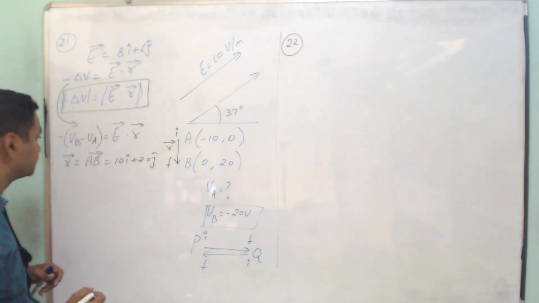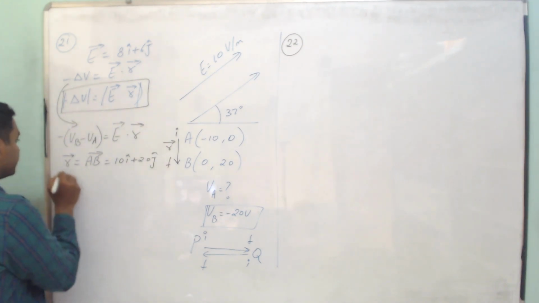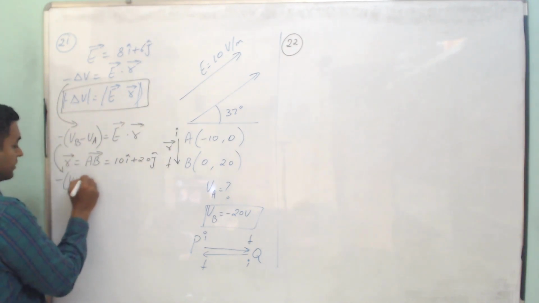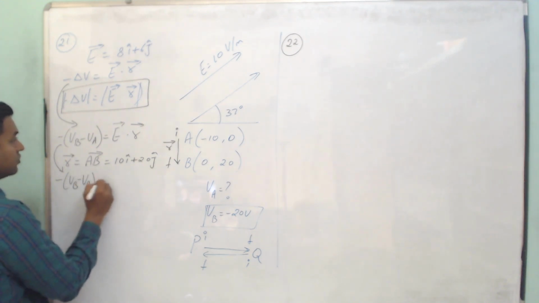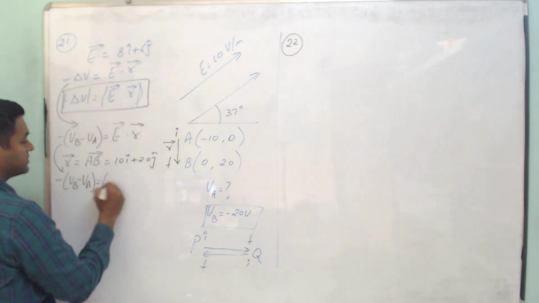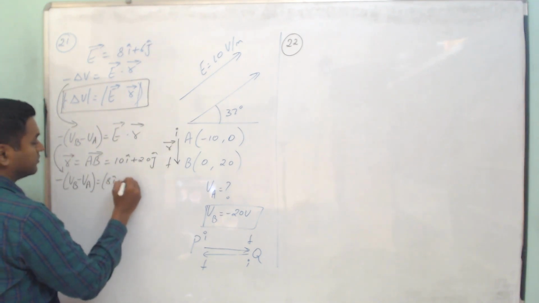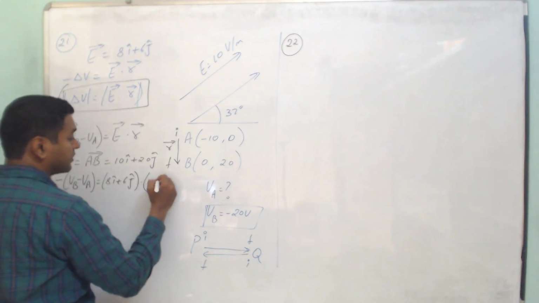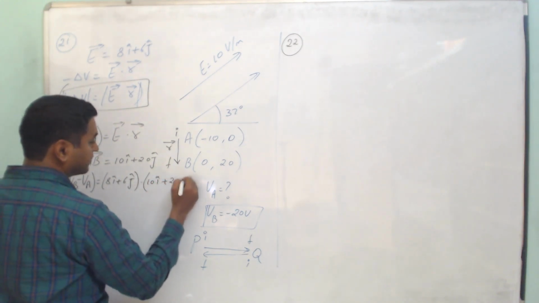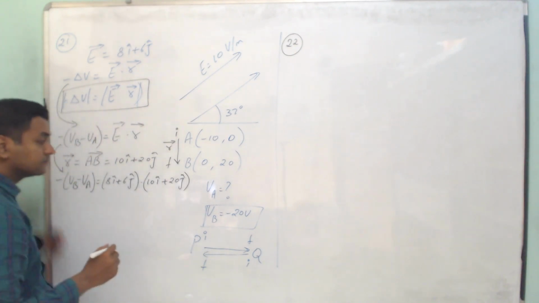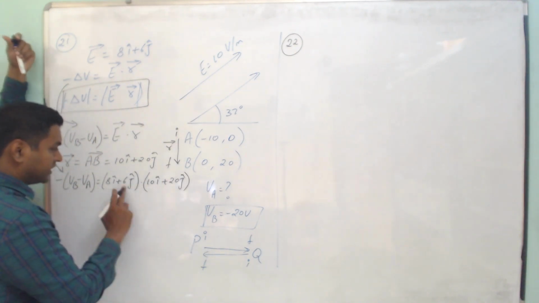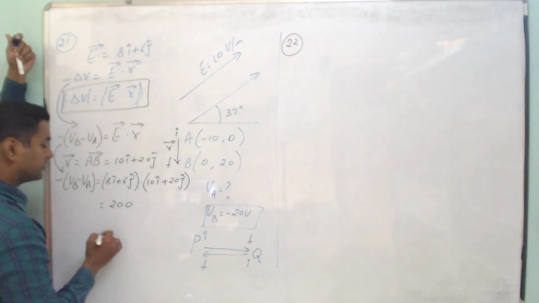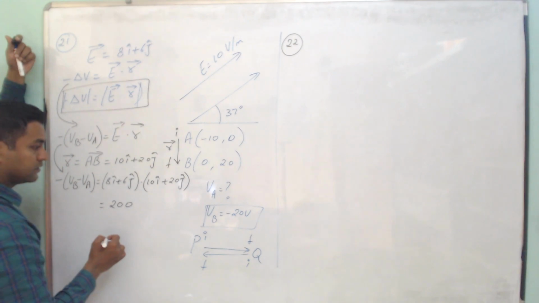So, minus of VB minus VA is equal to the electric field, which we got as 8 i cap plus 6 j cap, dot product with 10 i cap plus 20 j cap. This is 80 and this is 120, so you got 200.